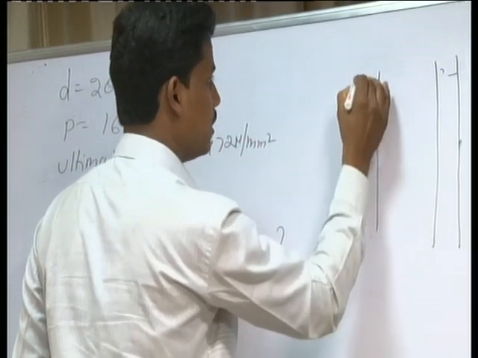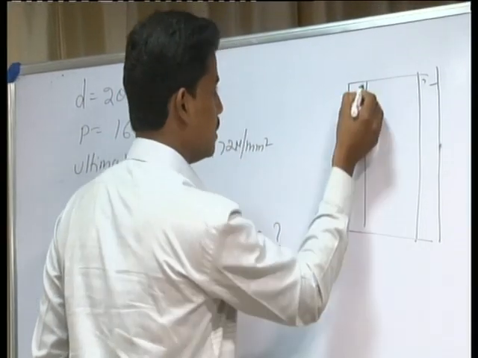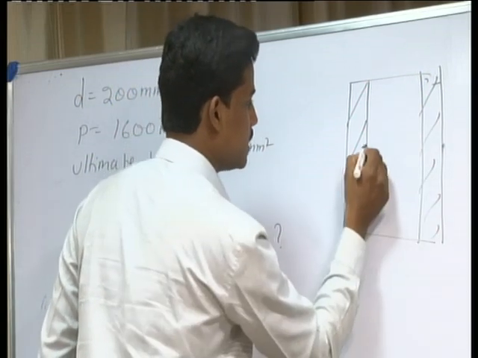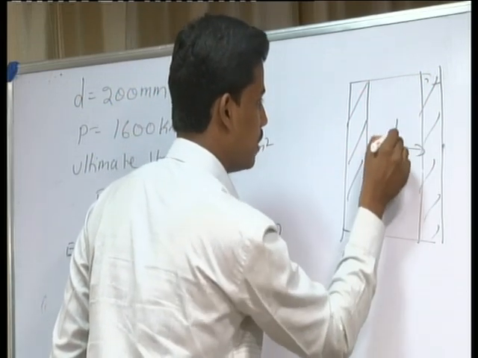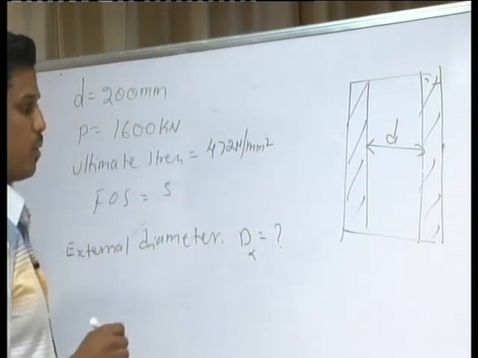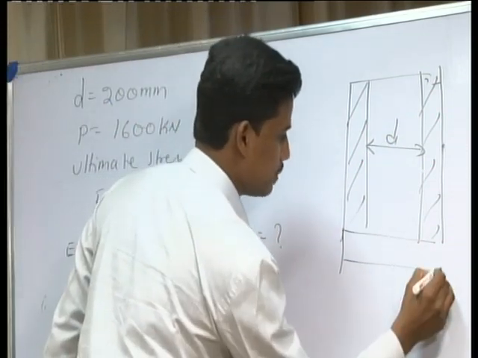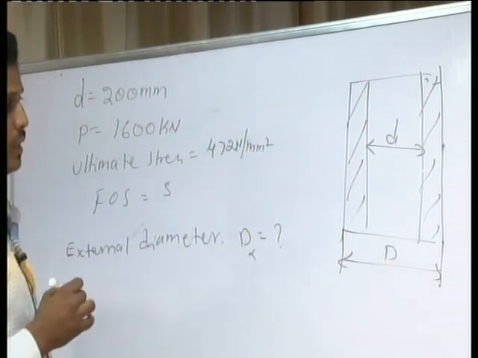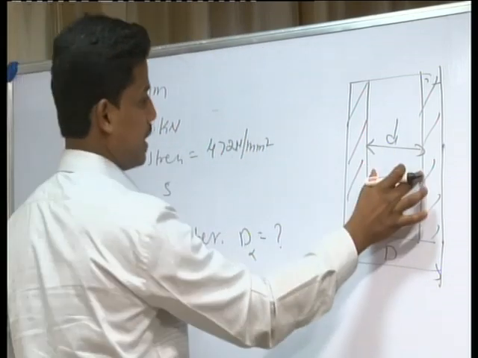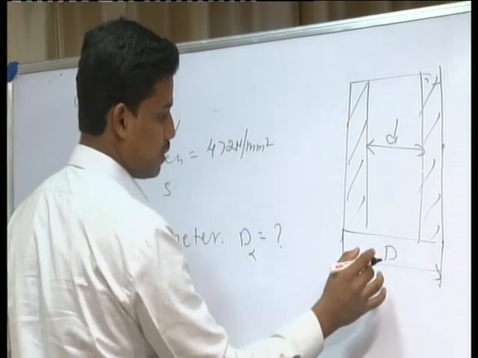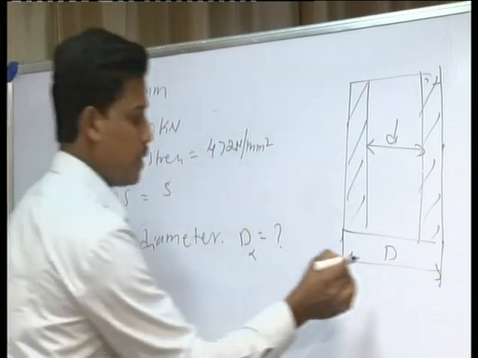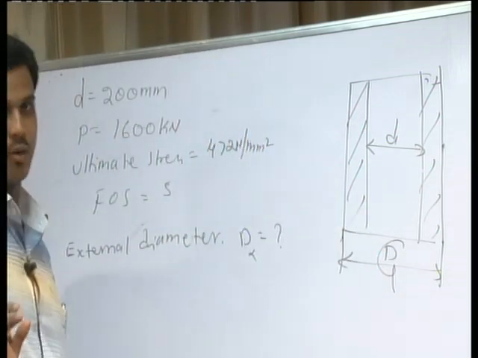Suppose this is the column. This is the internal diameter, small d, and this is the external diameter, capital D, which we need to calculate. Small d is given. Capital D we will get only in terms of area.